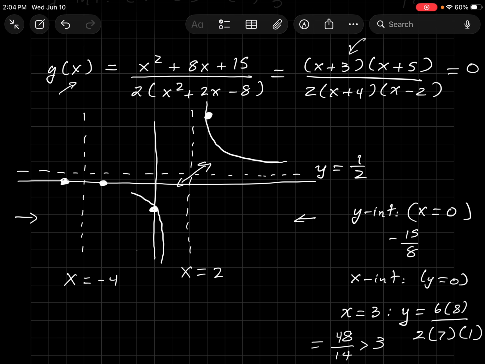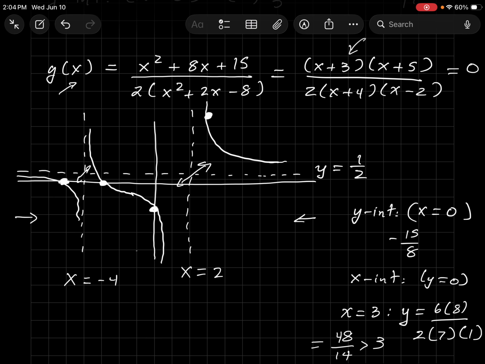Let's use this point to the left of my farthest left vertical asymptote. Again, it's trying to imitate either 1 over x or negative 1 over x. So right across from it, it must look like this. And then all I have to do is connect the dots.